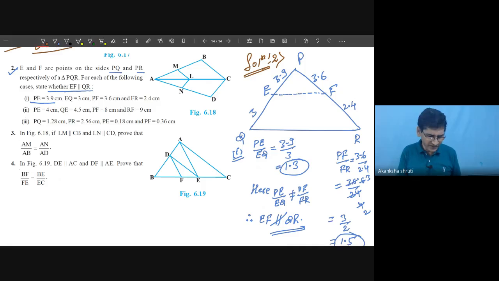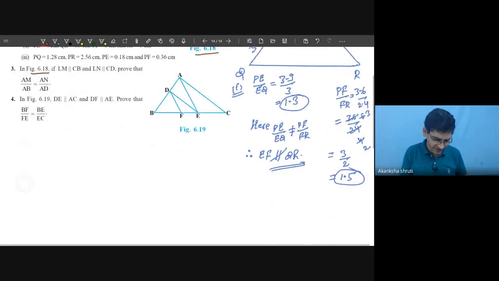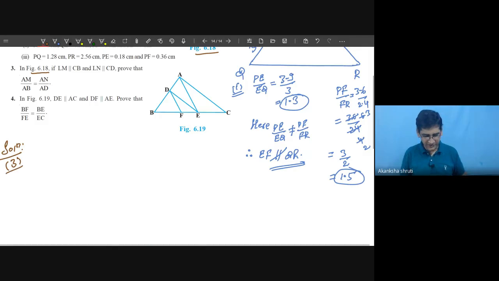In question number 3, figure 6.18 is useful for us. So we have to take this. In this figure, we have to prove this condition. Solution to question number 3 that we are taking.